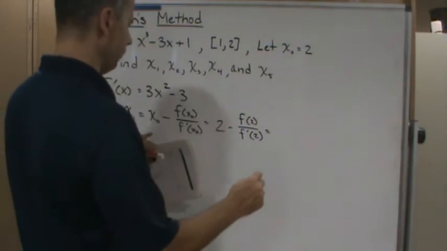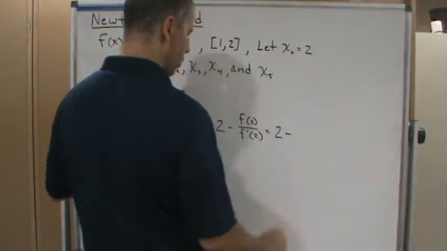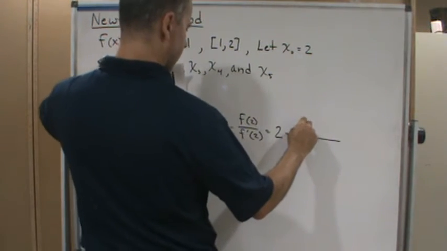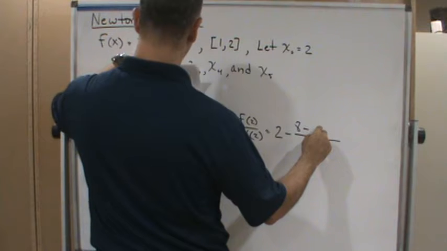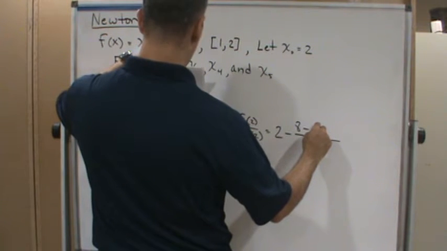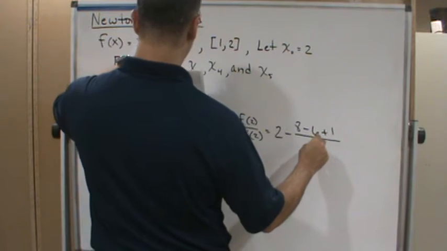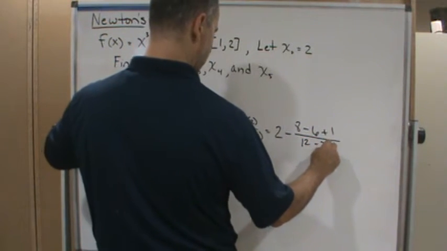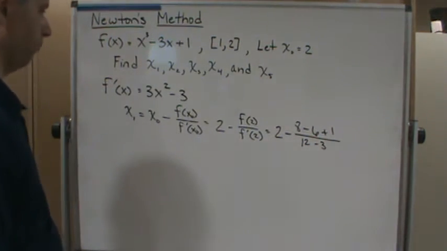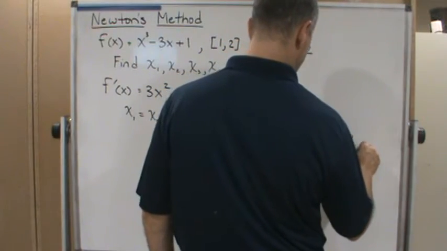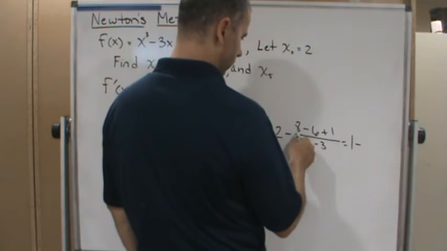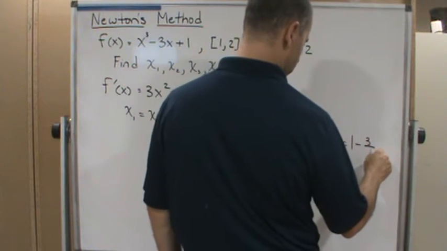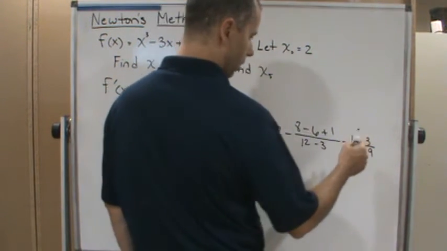So what are we going to get? We get 2 minus 8 minus 6 plus 1 over 12 minus 3, which equals 2 minus 3 over 9, or 1/3.